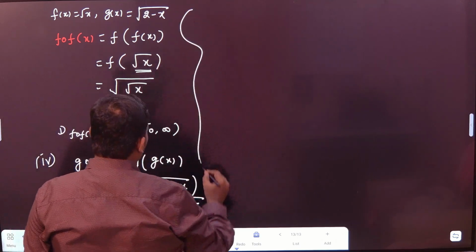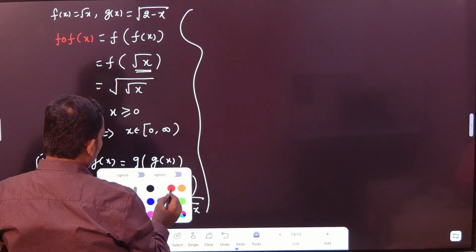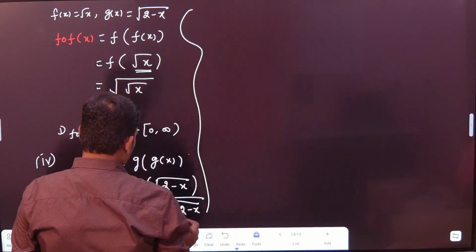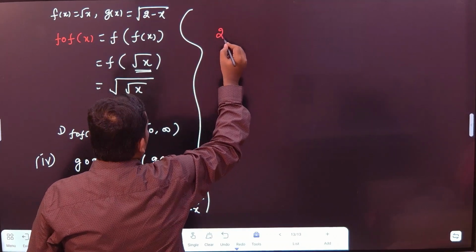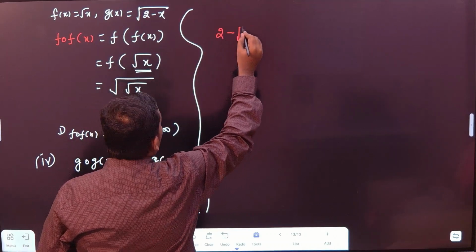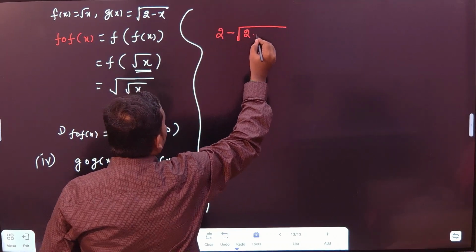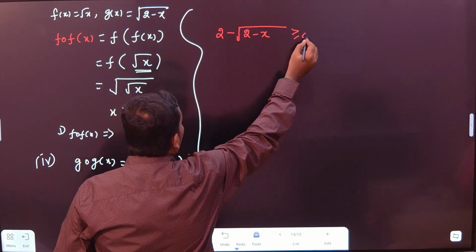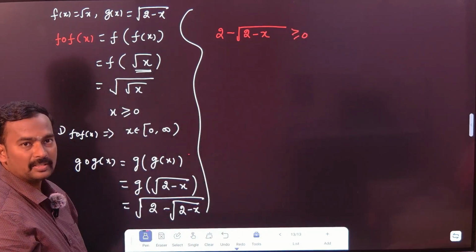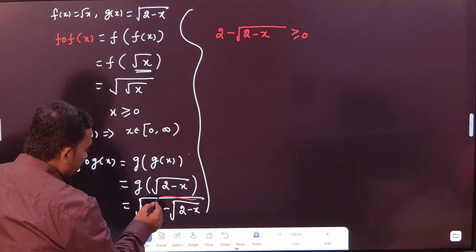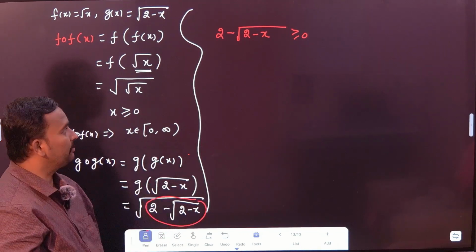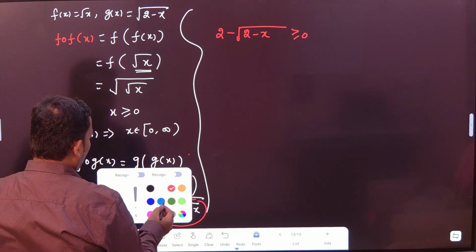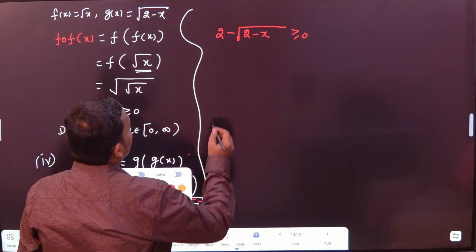First observation: 2 minus square root of 2 minus x is greater than or equal to 0. Because this is your larger square root, this should be more than 0. Then only it is defined. Fine. So you can solve.